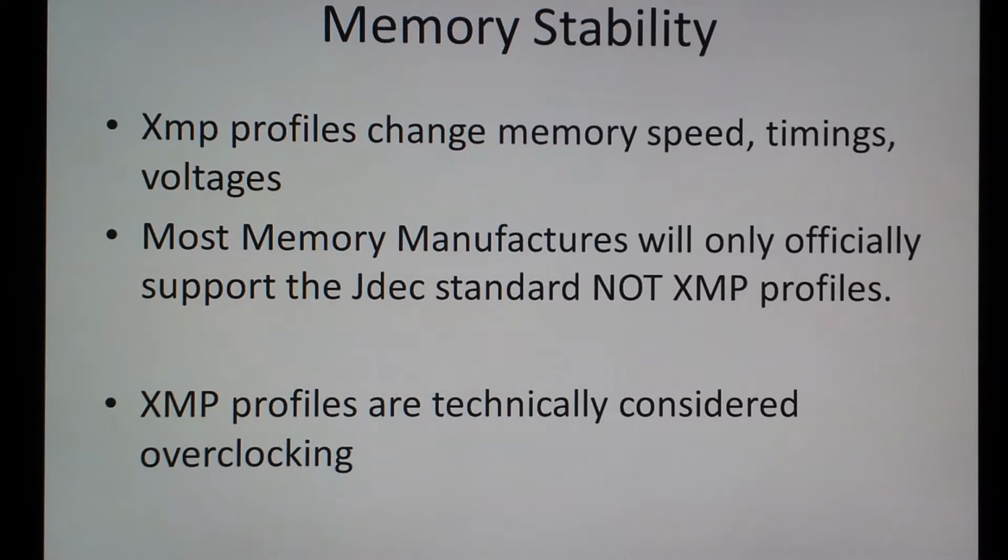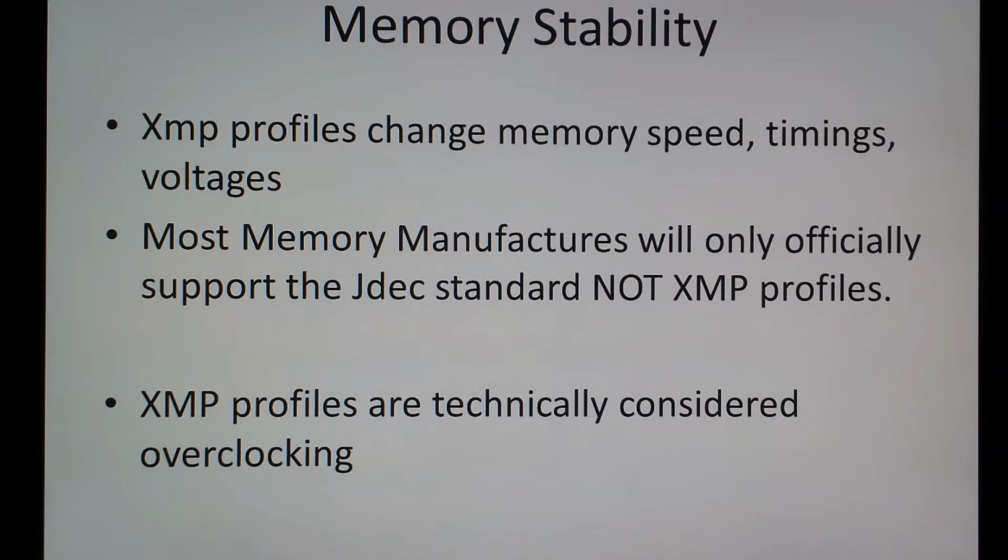XMP profiles change basically three things when you load everything to auto and simply engage the XMP profile. The three things it changes are the memory speed, the memory timings, and the memory voltages. Now keep something in mind. Most memory manufacturers will only officially support JEDEC standards of their memory kits, not the XMP profiles.